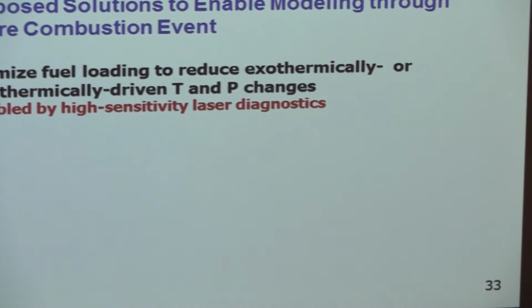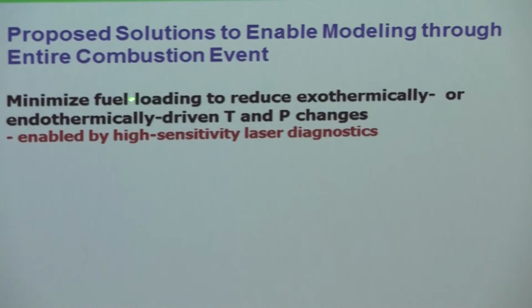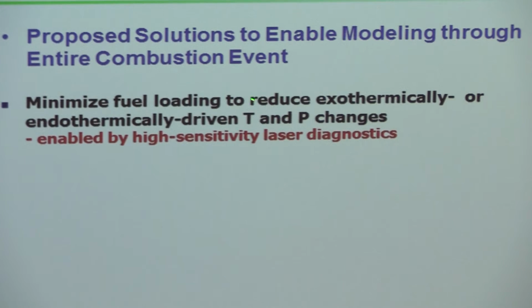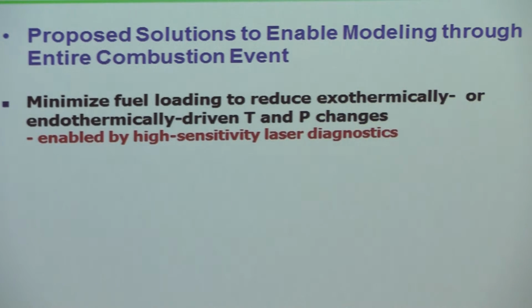We wrestled with this for a while, and there's different strategies you can use. You can use a very small amount of fuel so that there are hardly any changes. That means you can make your experiment nearly constant pressure. And you can get away with this by using very sensitive diagnostic techniques rather than crude diagnostic techniques.